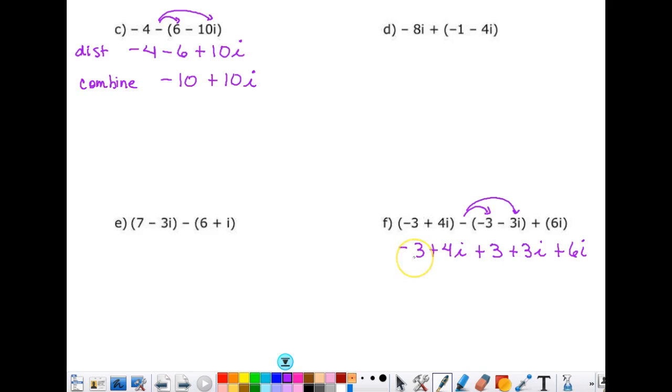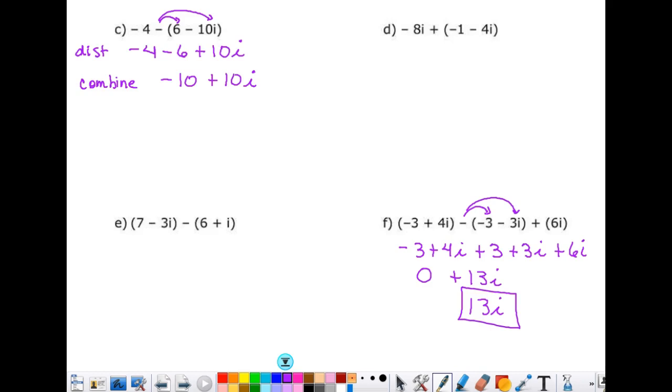Plain constants, not consonants, that's the alphabet. Put your constants together. Okay, -3 plus 3, oh, that's a 0. And then 4i and 3i is 7i, and 6i is 13i. So we really don't need to write the 0. So we have 13i.